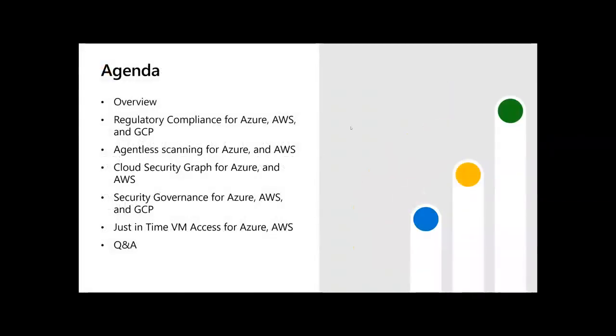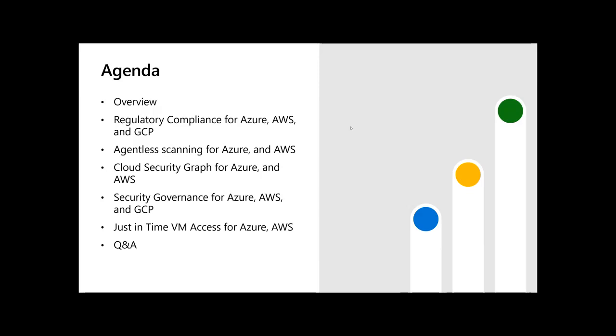So what we've thought we would do is spend just a little bit of time giving you an overview and talking about that foundational grounding around the challenges as well as the trends we're seeing in the multi-cloud space and how that's applicable to our conversation today.